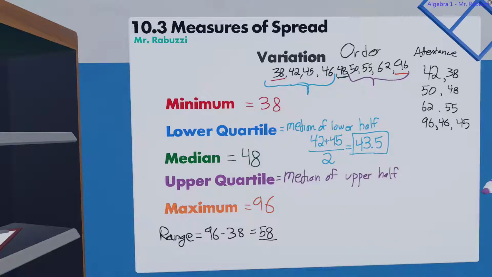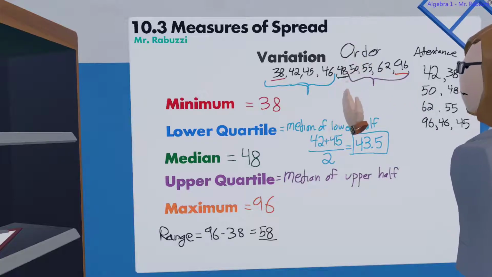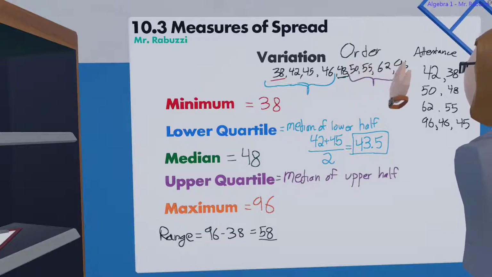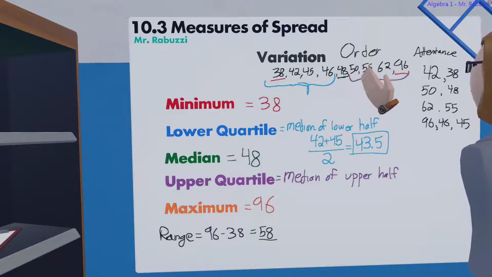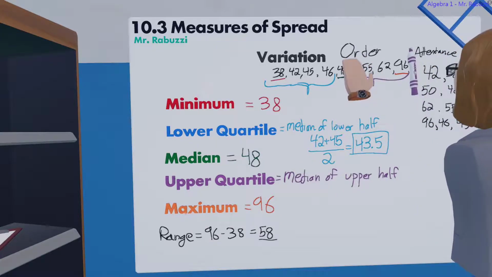So we do the same thing for these four numbers, the four top half numbers, right? We cut our numbers in half by finding the median. Now we're going to find what the top half's median is and call that the upper quartile. So take one off, take one off.